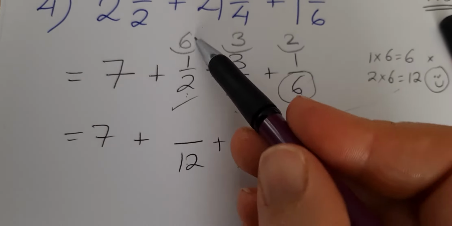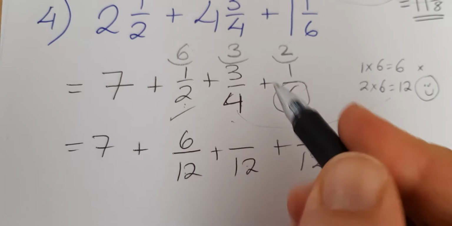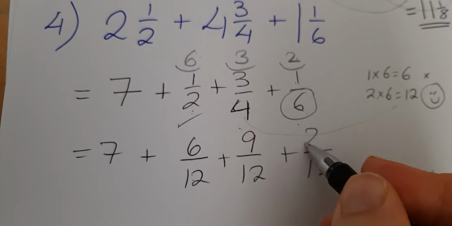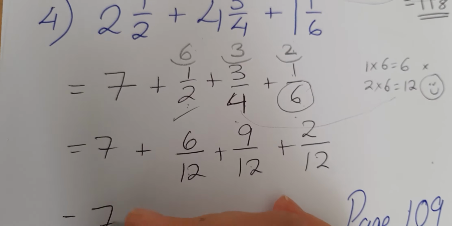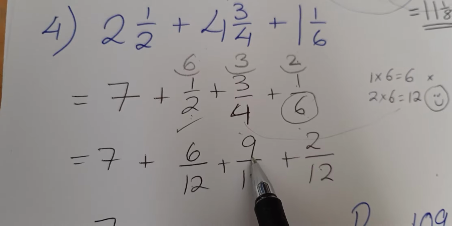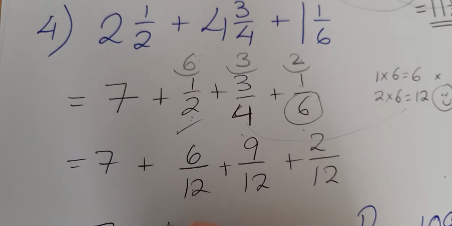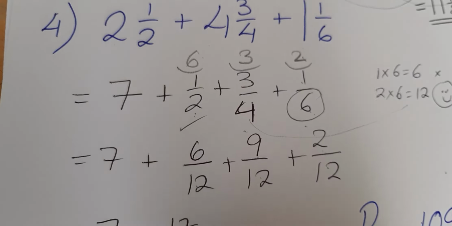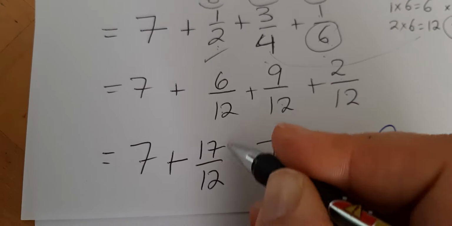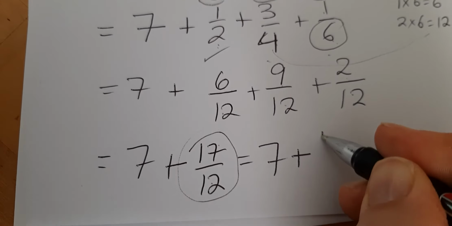Now let's multiply these. So 6 times 1 is 6, 3 times 3 is 9, 2 times 1 is 2. So that equals 7 plus 6 plus 9 plus 2. 9 and 6 make 15, and another 2 makes 17 twelfths, which equals 7 plus, this is an improper fraction, 12 goes into 17 once.